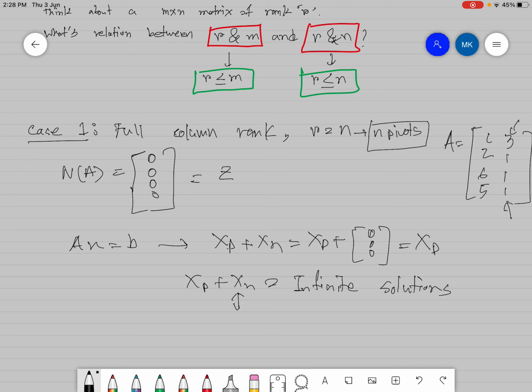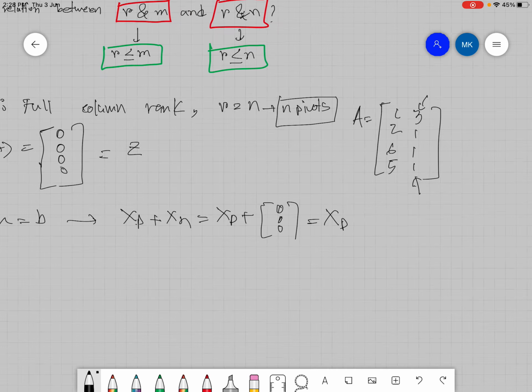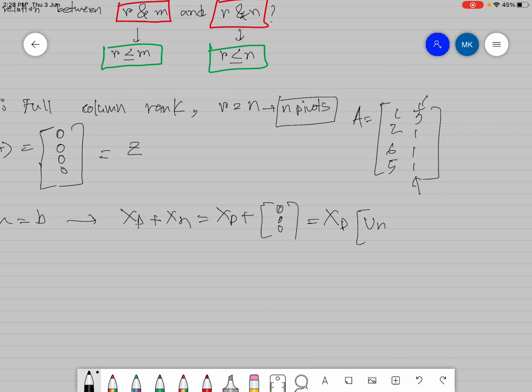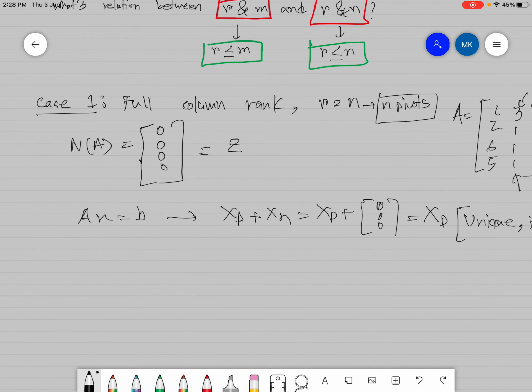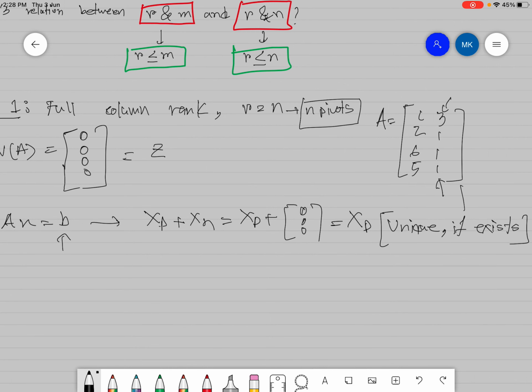Okay, so this is one unique solution, unique if it exists. Okay, there might be a case where b is not inside the column space of this matrix, and if that is not inside the column space, you cannot solve it.